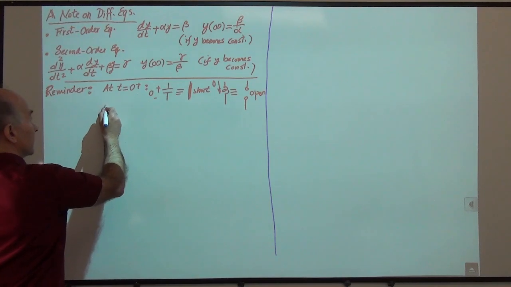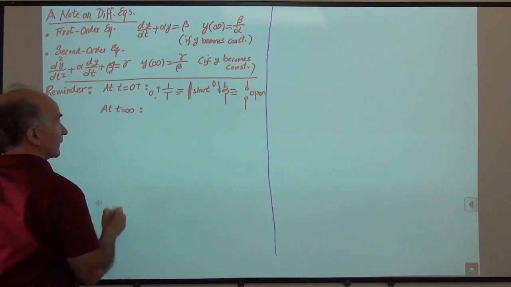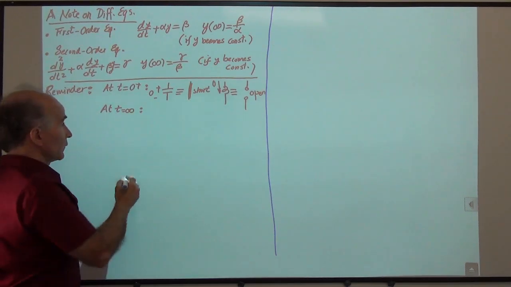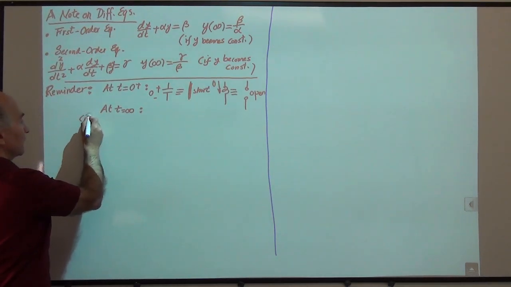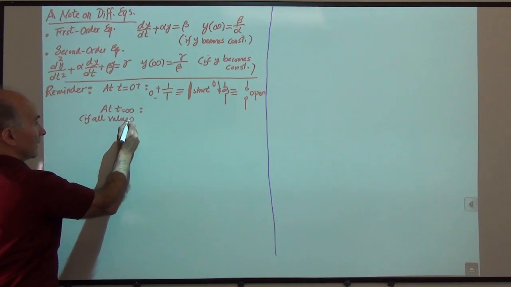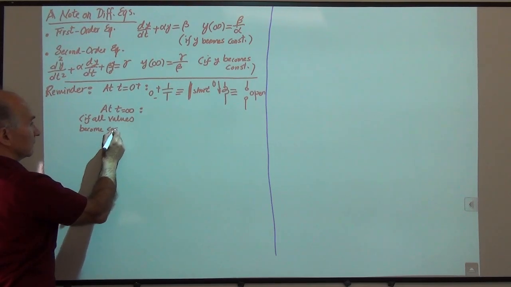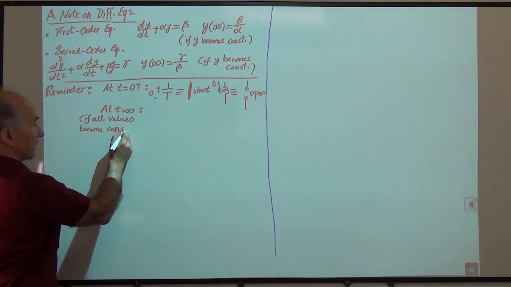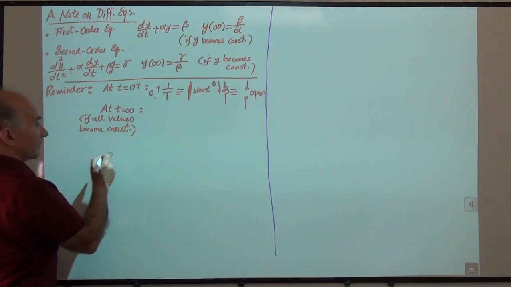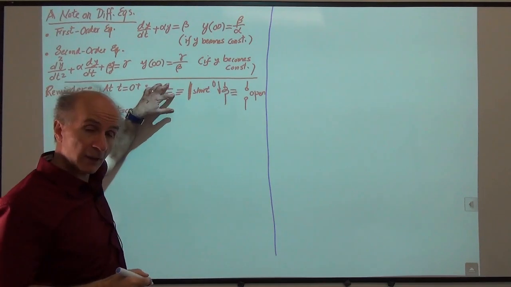And then at time infinity, what can we say? Assuming that our circuit is such that all values become constant at time infinity, then we know that, for example, the voltage on the cap is constant.